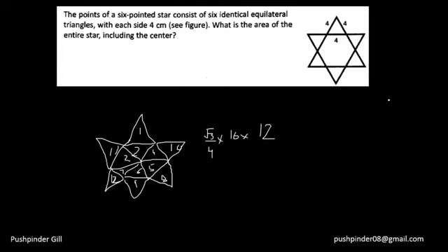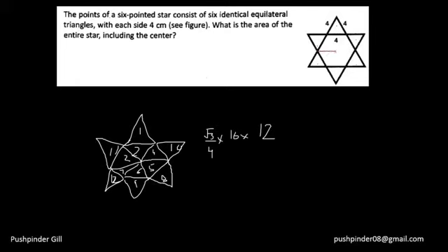Now, the 6-pointed star consists of 6 identical equilateral triangles, so I'm going to show you on the figure as well. This triangle and this triangle and this triangle and this triangle and this triangle and this triangle: these 6 triangles, 1, 2, 3, 4, 5, 6, have equal area.